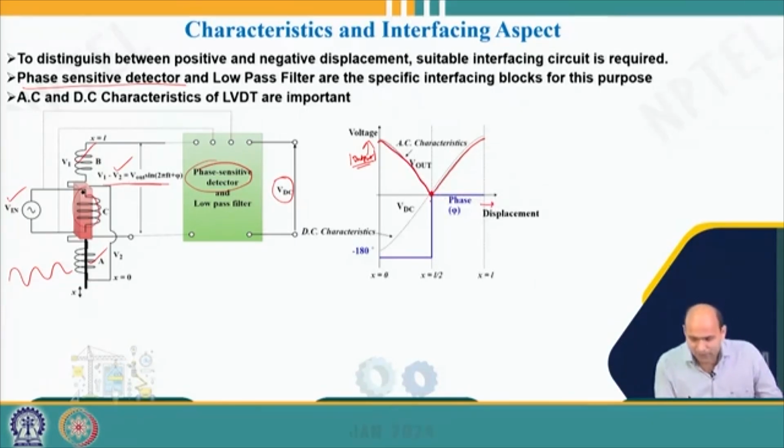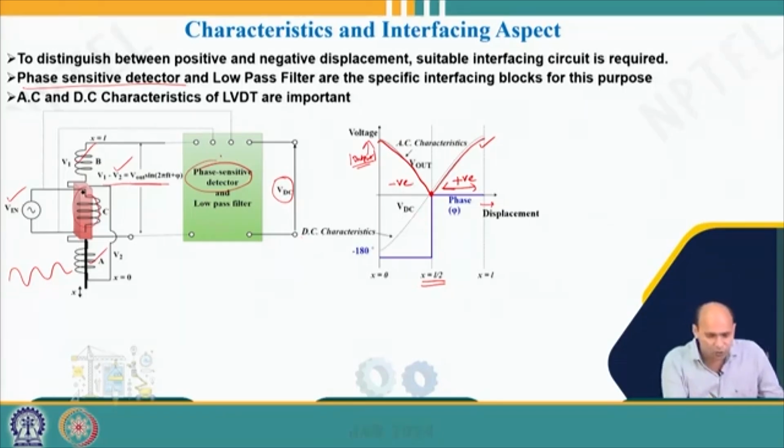I am considering this one as L by 2, so this side I can consider as the positive displacement, and from 0 to minus L by 2, this side I can consider as the negative displacement. On both sides that mod amplitude will be the same, so this is called the AC characteristic, and by looking at it I cannot identify whether the displacement is positive or negative. The amplitude I can know, but the direction I cannot know, right? So that's why I need to know about the DC characteristics.